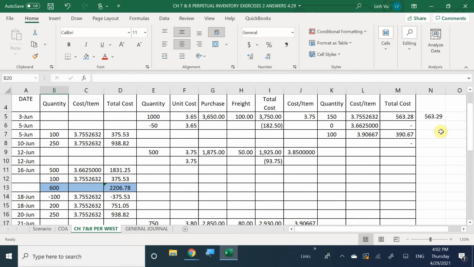If the method I'm using is last in, first out, then your automatic assumption is you're just going to have to take out from the batch that you last purchased. We've already assumed, by placing the inventory back into our inventory on hand, that our coffee mugs were in the second batch, but when we sold the inventory, we got rid of it already.